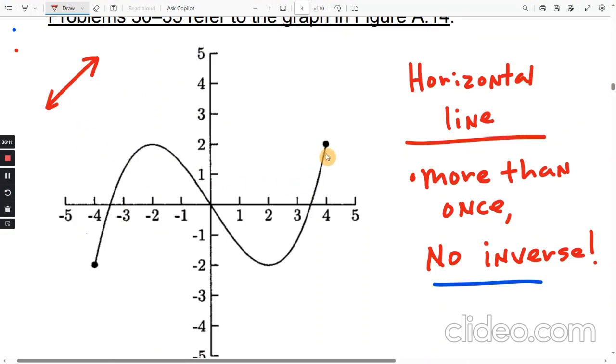I would say this part right here from 2 to here, that's definitely positive. So for the interval, we're looking at the x values. It starts at x equals 2 and it goes to x equals 4.